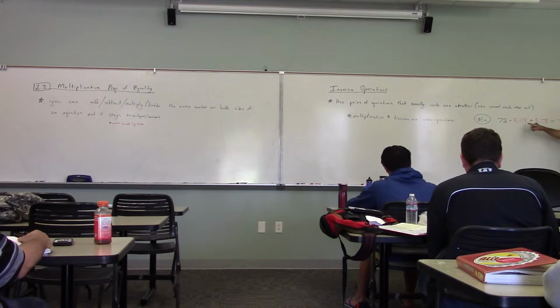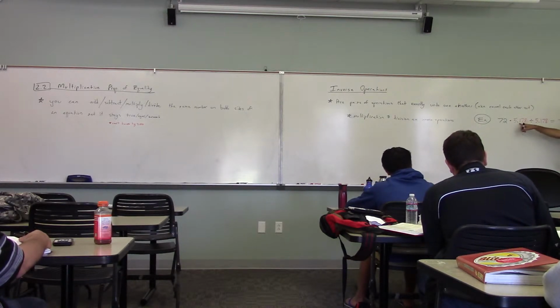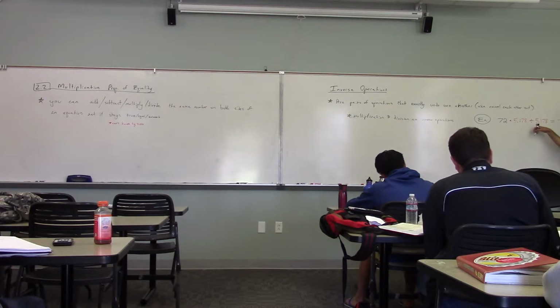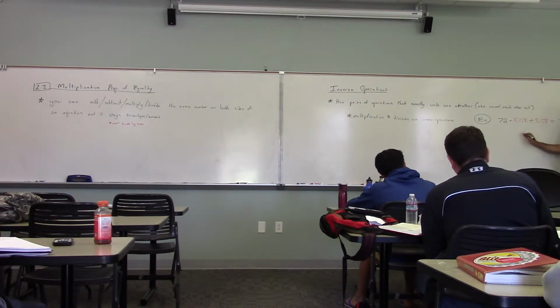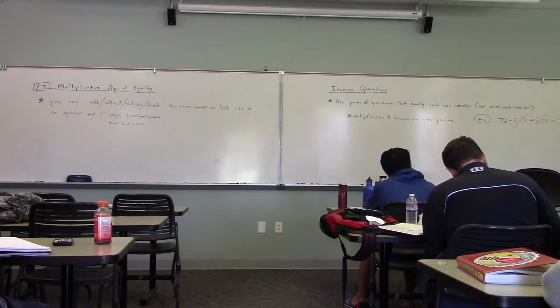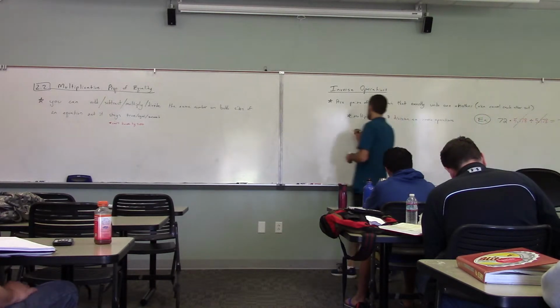So the multiply by 5.178 and divide by 5.178, that part cancels out to create 1. But that inverse operation thing is saying if you multiply by a number and divide by the exact same number, those end up canceling out, and you get that 72 all by itself, right? Add 2, subtract 2, cancels out. Multiply by 10, divide by 10, cancels out. Right? Same thing with addition and subtraction.